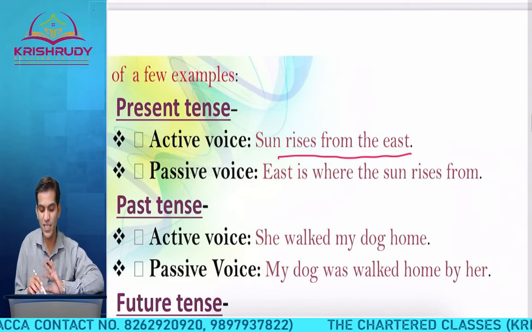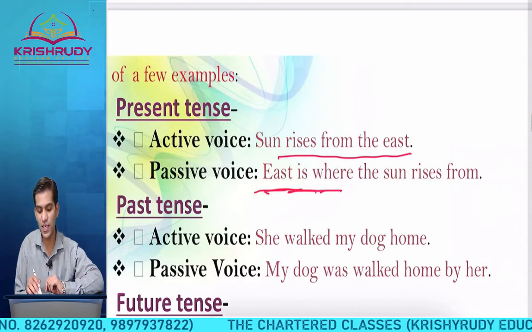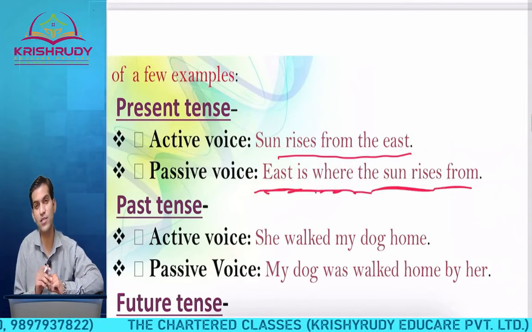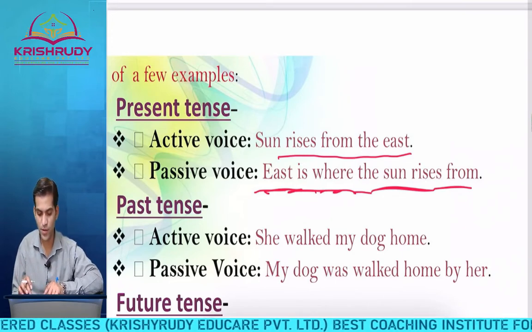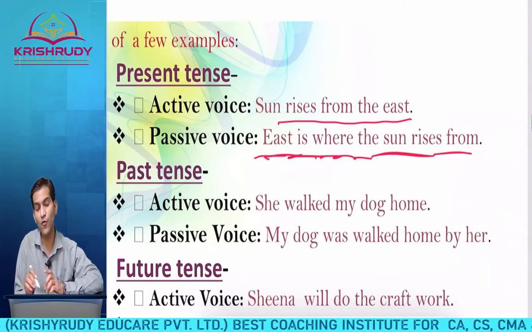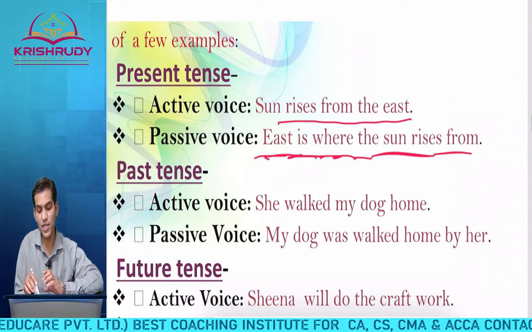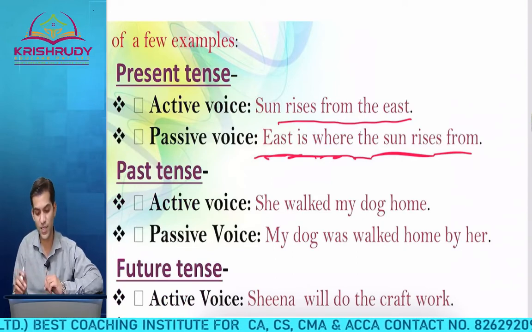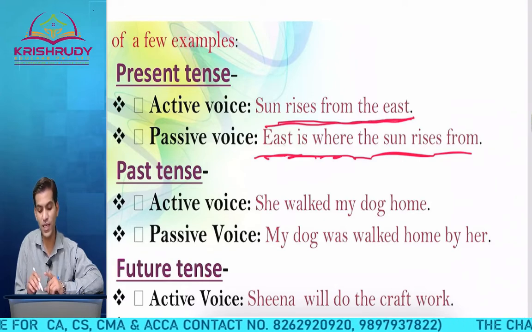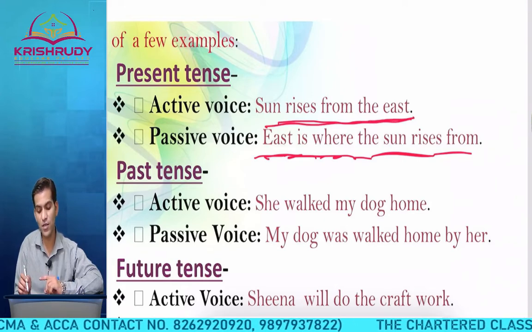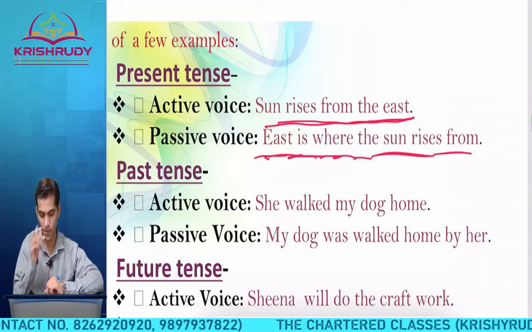So the simple passive for this is "East is where the sun rises from," right? This is the way to convert this kind of active sentence into passive. "Sun rises from the east," and "East is where the sun rises from."